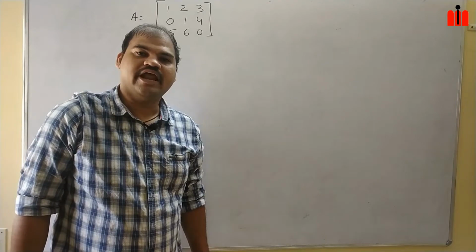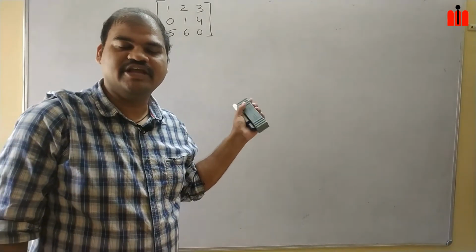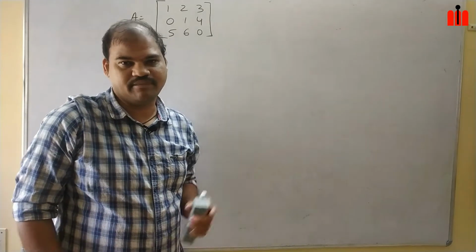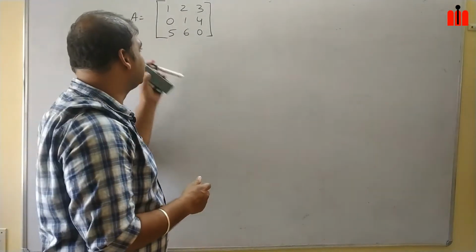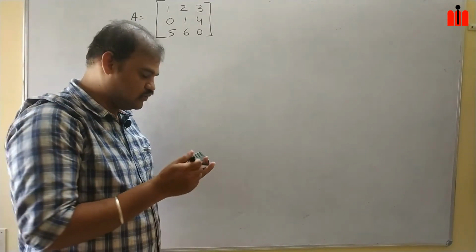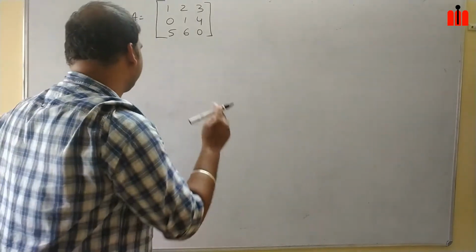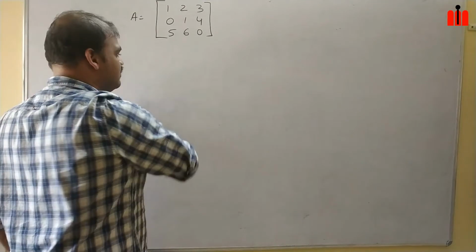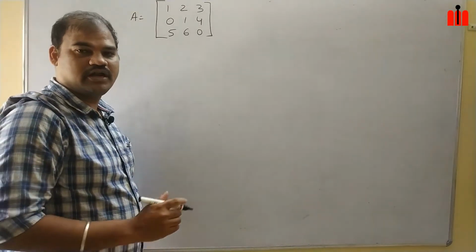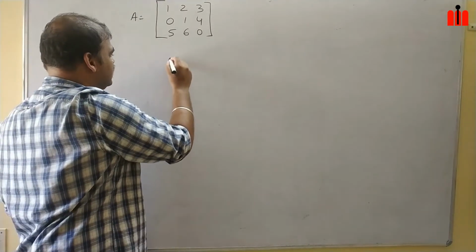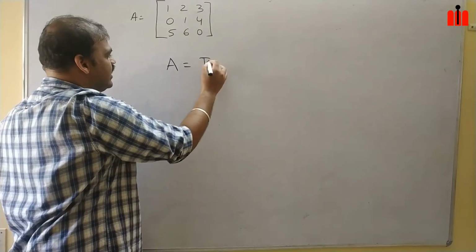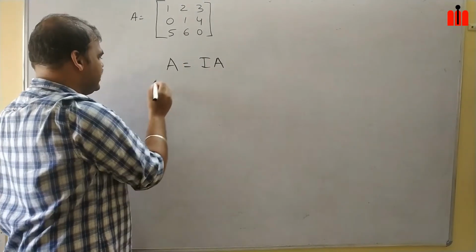Okay, let's proceed to find the inverse of a 3 by 3 matrix. So this is a sample 3 by 3 matrix which we took. It is 1, 2, 3, 0, 1, 4, 5, 6, 0. Now we know that first we have to start with A equal to IA. So what is my A over here?